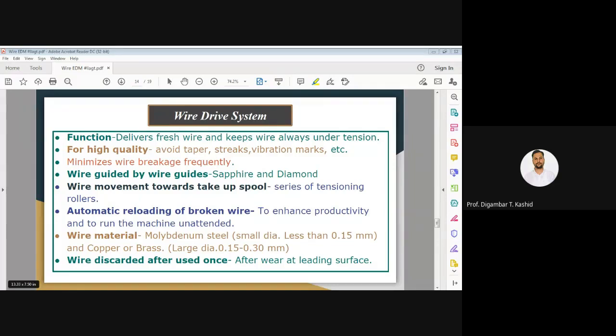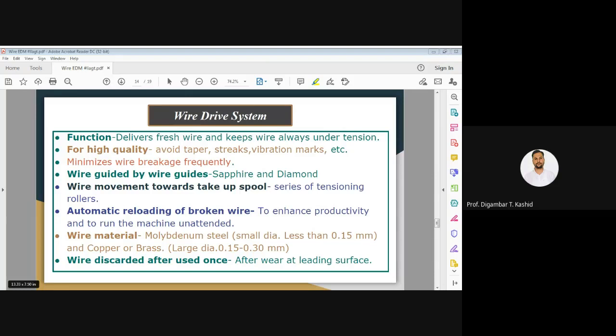I have told that the wire material may be small diameter wire, that is diameter less than 0.15 mm, and then your wire is made of molybdenum steel. Or if the wire is large diameter, 0.15 to 0.3 mm, then you can use wire made of copper and brass.